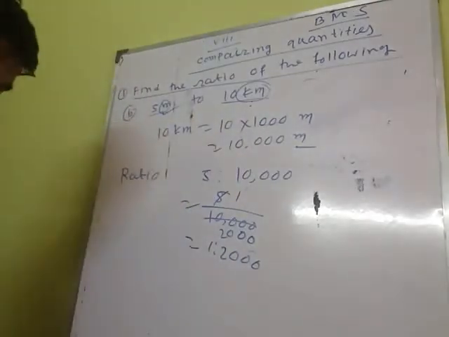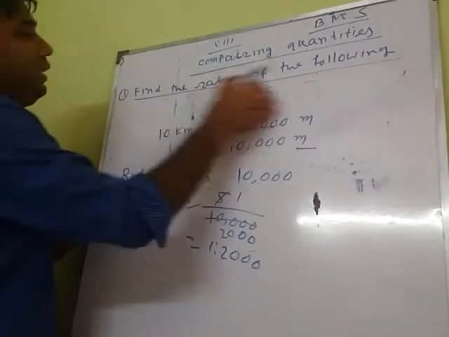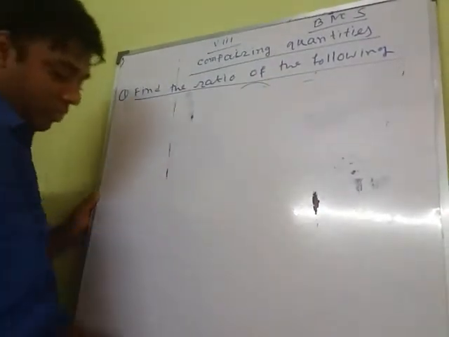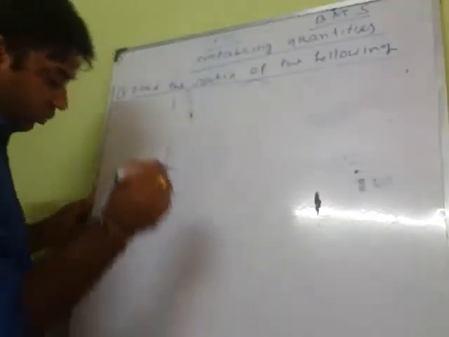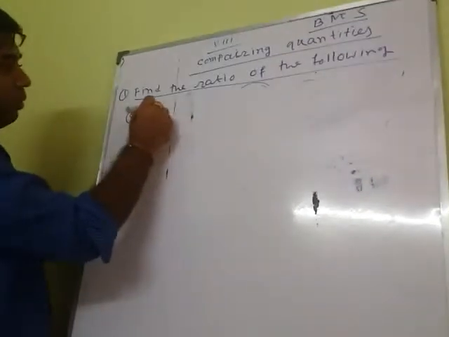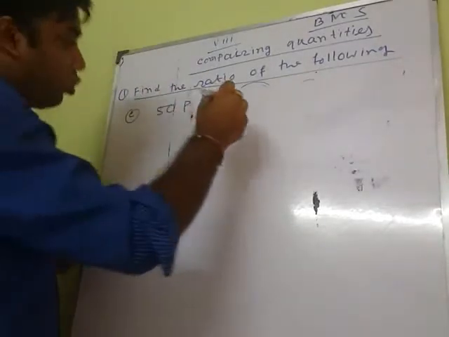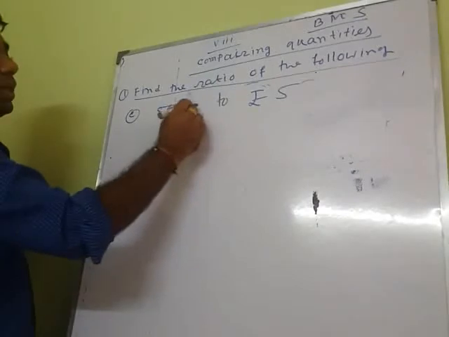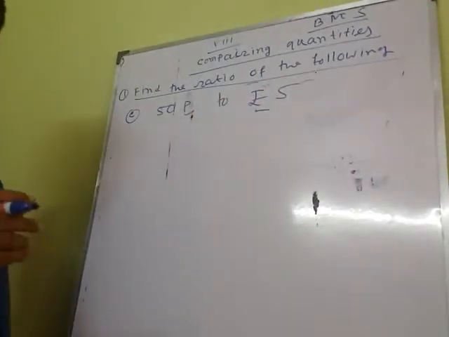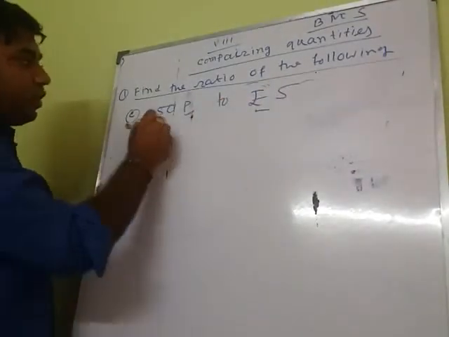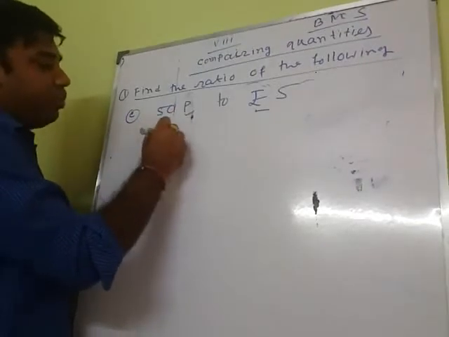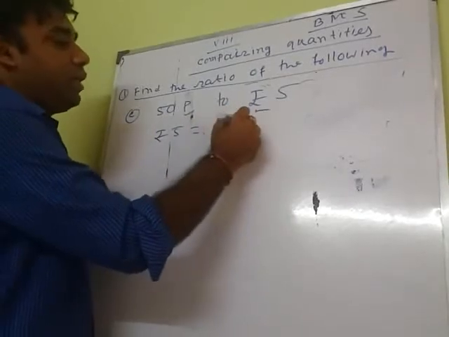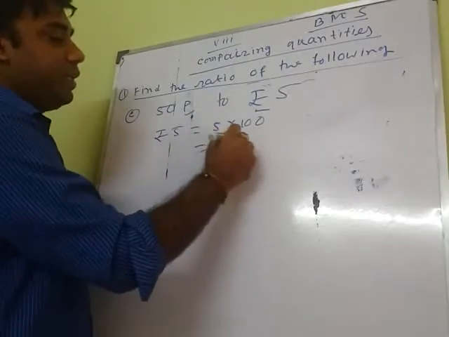Now moving on to the third part, part C. 50 paisa to ₹5. Here again the units are not the same. Paisa and rupees are both units of currency, Indian currency. So 5 rupees: if you want to convert rupees into paisa, you have to multiply by 100, that is 500 paisa.